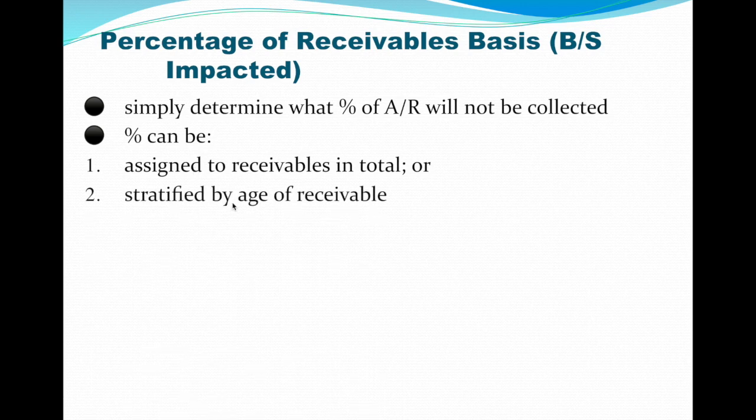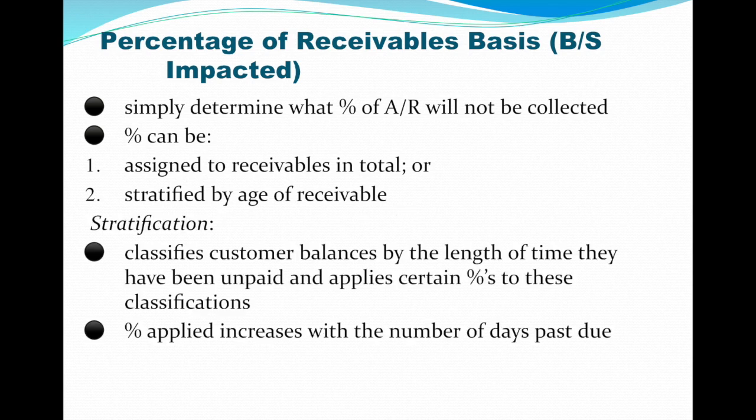Okay, so assigned to accounts receivable in total or stratified by age of receivable. So stratification classifies customer balances by length of time they have been unpaid and applies a certain percentage to those classifications. So in a nutshell, the longer the debt is unpaid, the higher percentage we get in terms of how much of that debt is uncollectible.